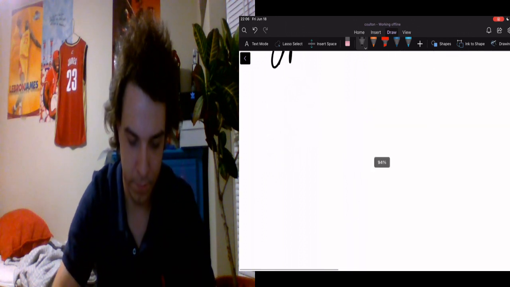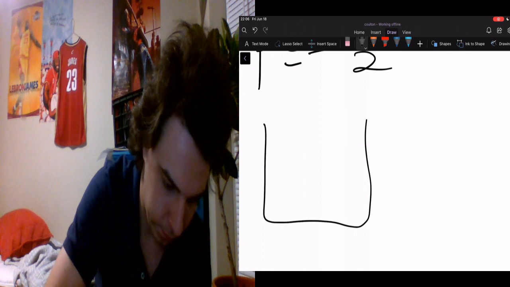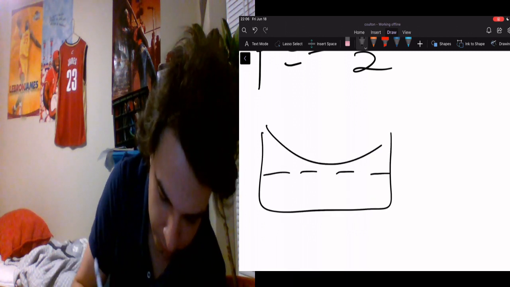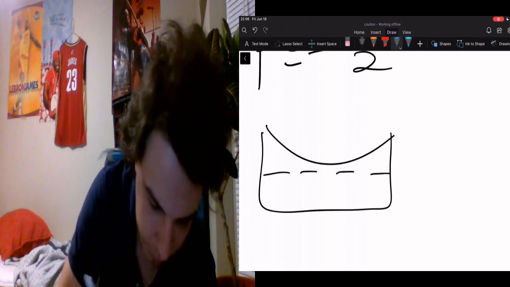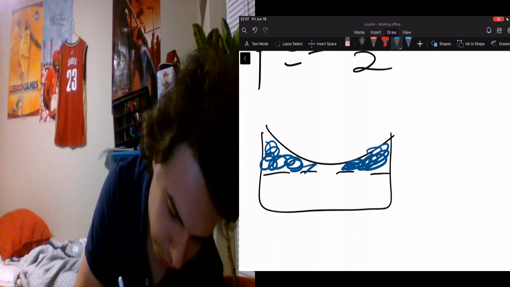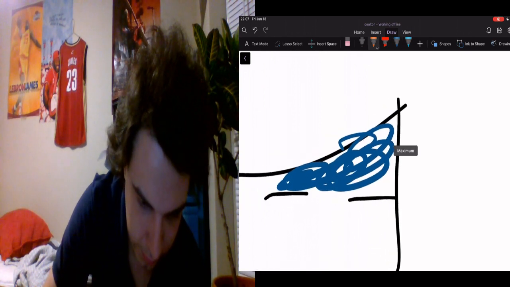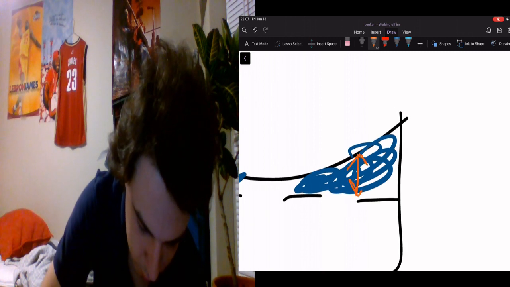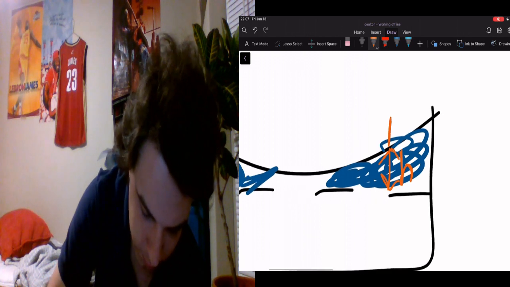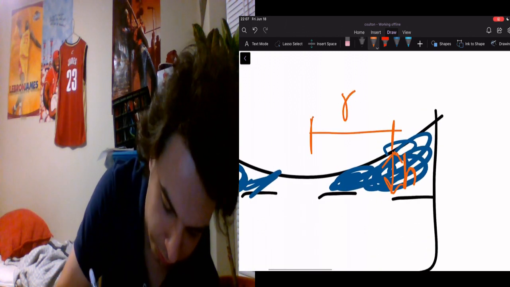And then to give a better visual of what we're doing here, we have a parabola, and inside this is little h, and from the point at which h is to the center is little r.